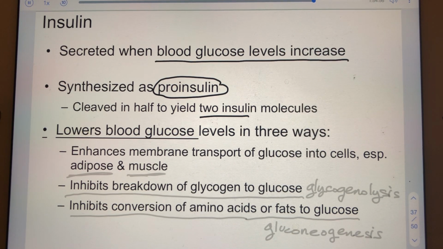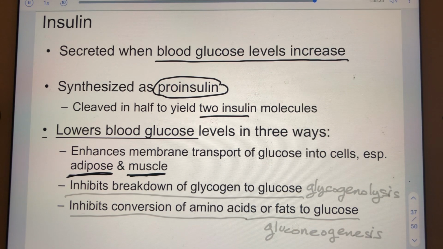However, insulin doesn't have the same target as glucagon per se. Insulin really targets almost all of our cells, especially our adipose cells, especially our muscle cells, okay? And what it does is it acts as a sort of permission slip that allows those cells to uptake glucose.